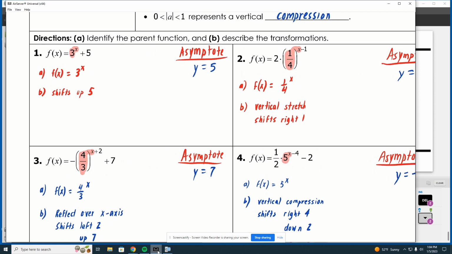If you want extra practice, there's the back side that has 4 additional graphs. But all I need for homework is 1 through 7. Okay? And that's it. Y'all feel good?